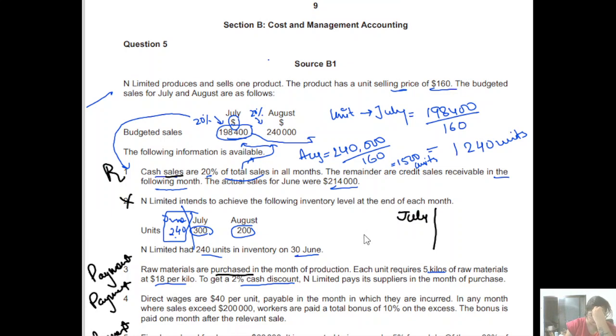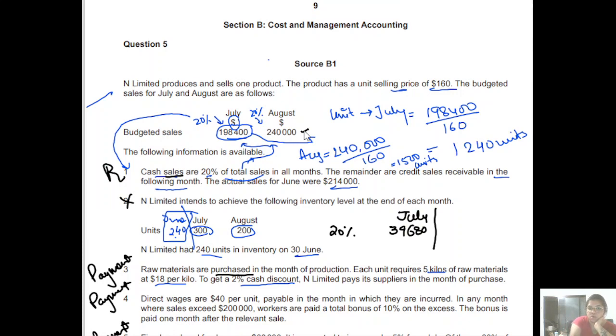Just do a simple thing, no need to do anything special. 20% of the July sales: 198,400 into 0.20, 20% it is, so that's your 39,680. Okay, this is the 20%.